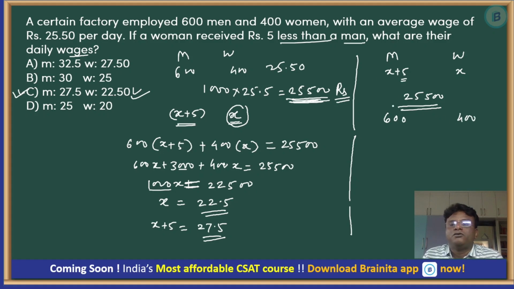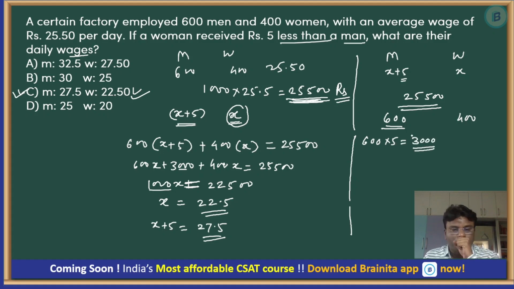Okay, for every man, right, he received whatever was the average for women, and every man received 5 more than that. So what is the total amount that 600 men received which is more than women? What is that delta? 600 into 5. I hope you are understanding this.